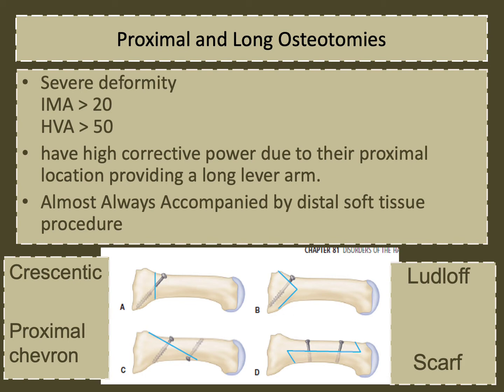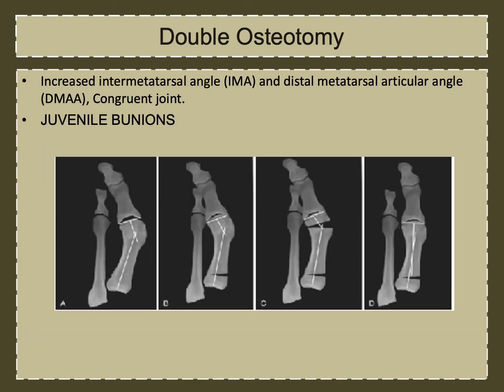With a smaller shift, because it's more proximal, you can affect a larger change in the angle distally. So these are indicated for moderate and severe deformities. They have high corrective power, and they're almost always accompanied by a distal soft tissue release. They all have their pluses and minuses, and usually it's a matter of surgeon choice.